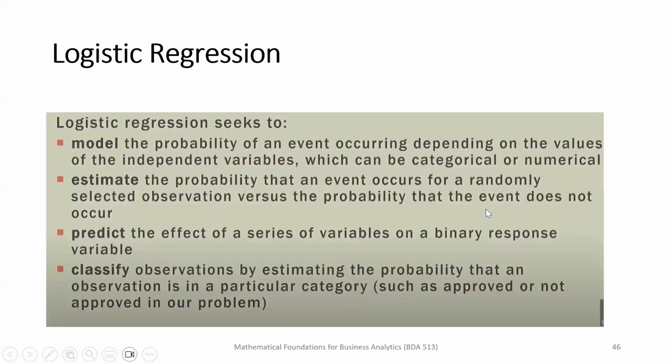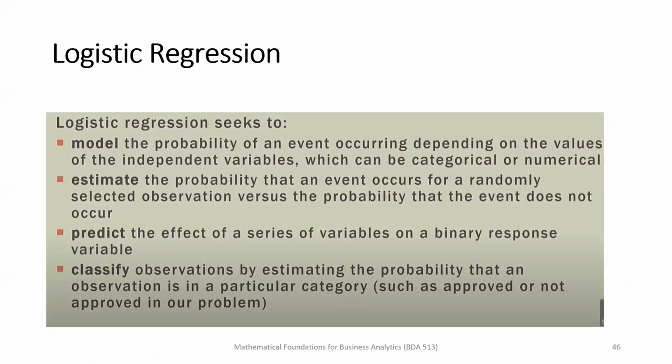So what logistic regression seeks to do is to model the probability of an event occurring depending on the values of the independent variables. We want to estimate the probability that an event occurs for a randomly selected observation, versus the probability that it will not occur.